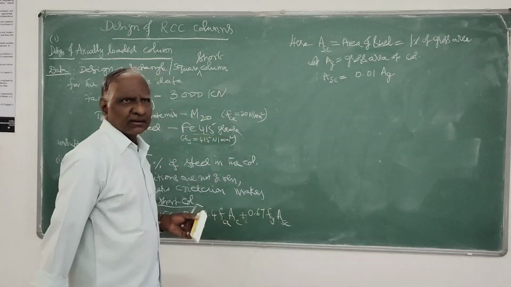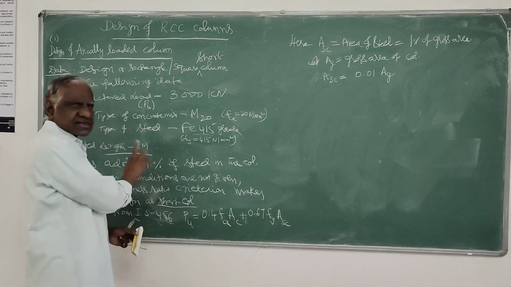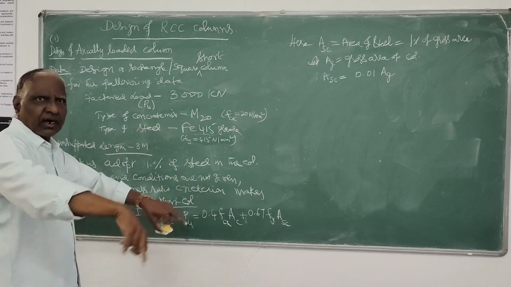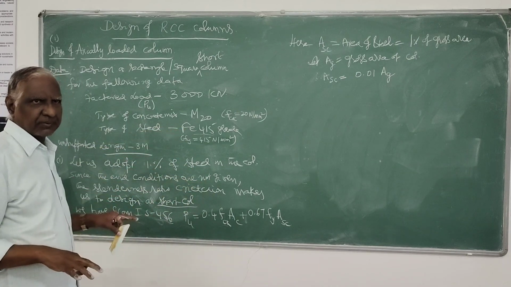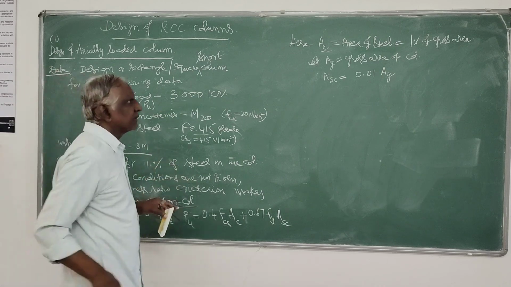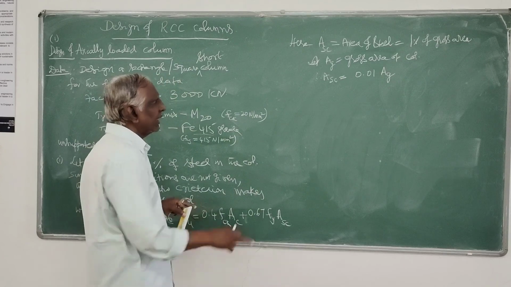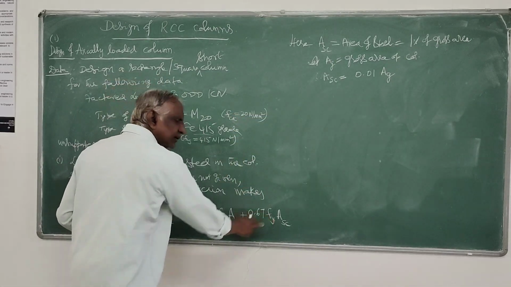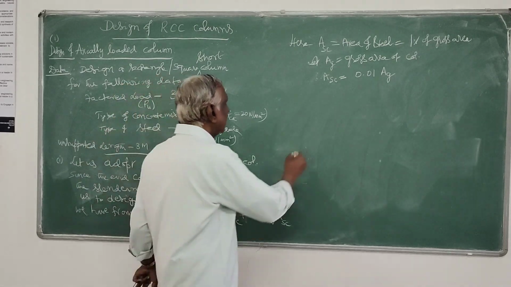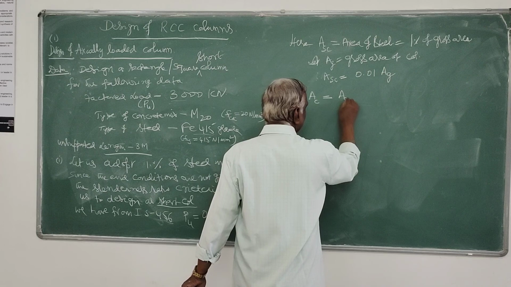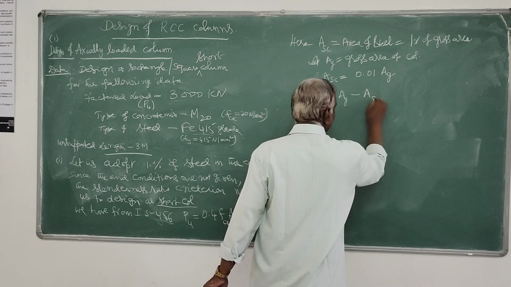We have assumed 1% steel, with Ag as the gross area of the column in cross section. Outward side, provide a proportion of breadth and depth. Ag you can call it as the area. So therefore Asc in terms of the gross area is 0.01 Ag, and Ac is nothing but Ag minus Asc.